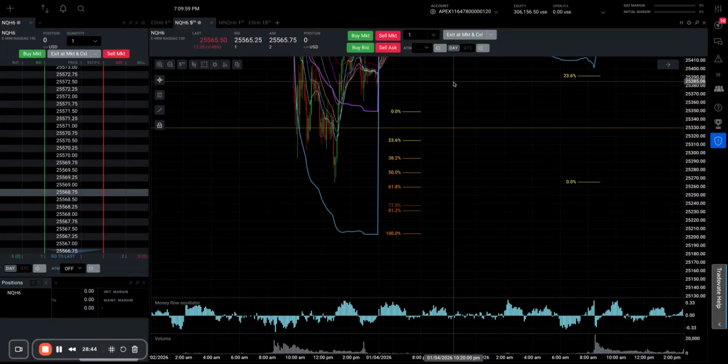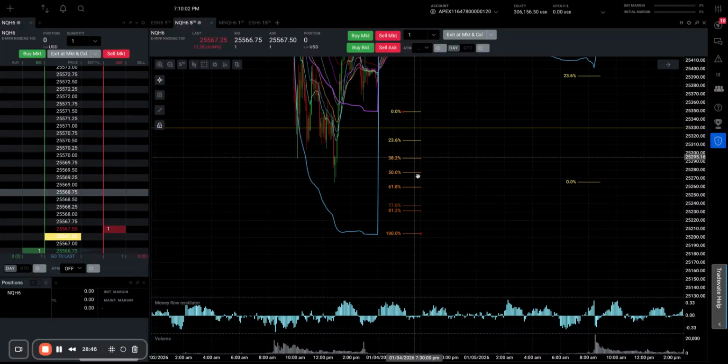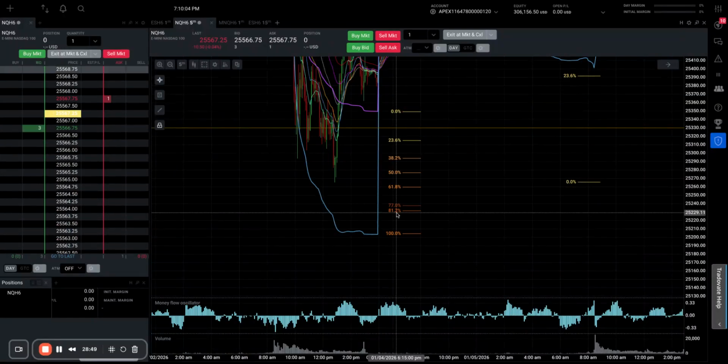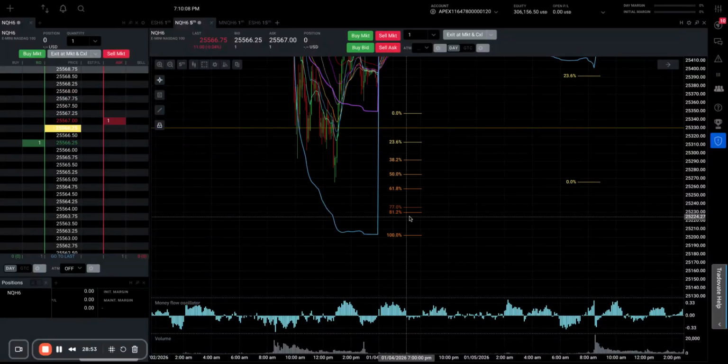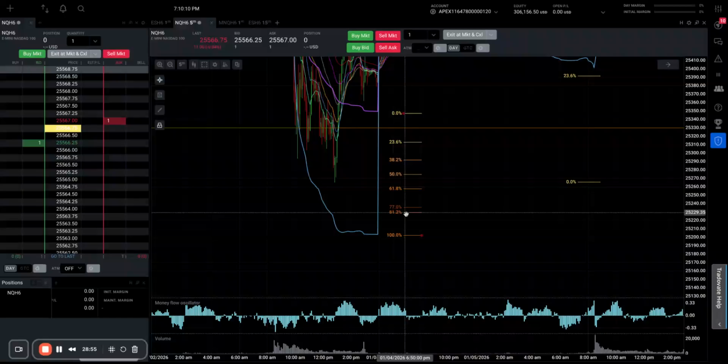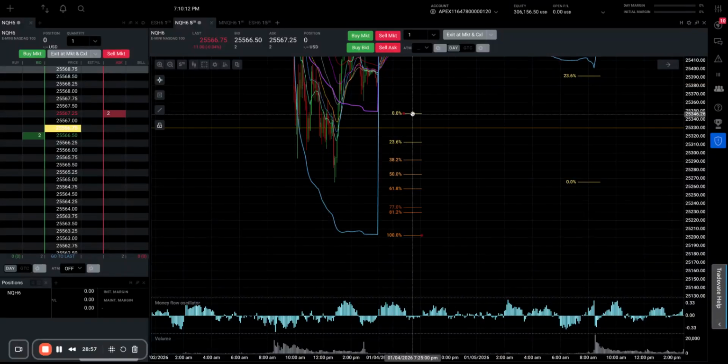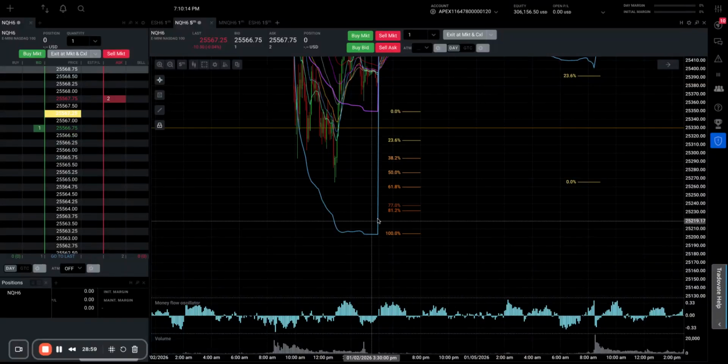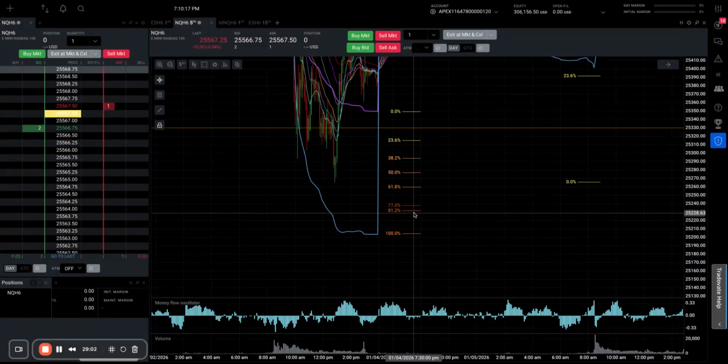This is where you bounce, or you come right in here to this one, right around this spot, 81.2, before you get that bounce. That's why I picked these areas. These are your bounce levels.